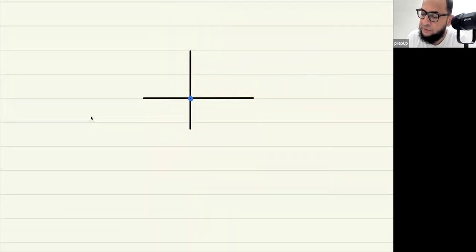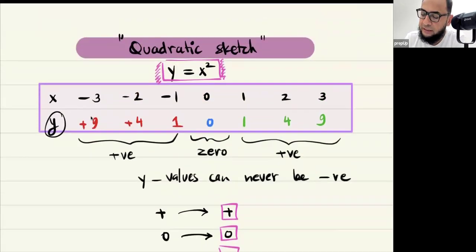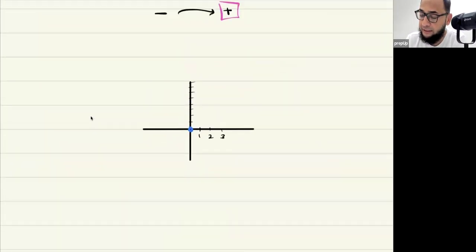So let me make it very small. So this is like 1, this is like 2, this is like 3. And this is like 1, 2, 3, 4, 5, 6, 7, 8, and something like that. So let me just focus on these two values and these two values. So that will give us the idea.